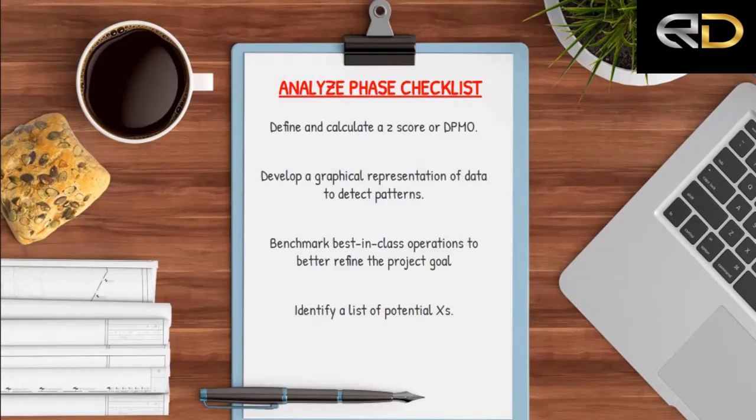Probably for that bank, maybe there were 20 possible reasons that came up as to why they cannot meet best in class or their operation objectives, why they cannot meet a 50% reduction in variation. So for every potential X, that's why it's called a potential source of variation, the first thing you do is confirm whether that X has a relationship to the goals of the process. You do that with your scatter plot.